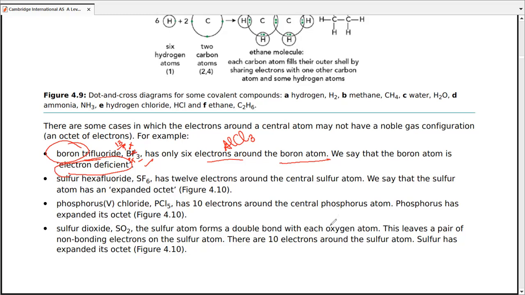If I talk about group 15 or group 16 elements with halogens, again, sulfur hexafluoride, SF6, has 12 electrons around the central atom.